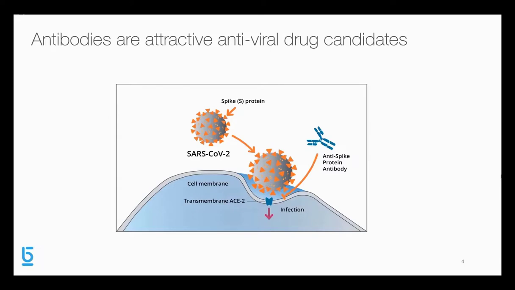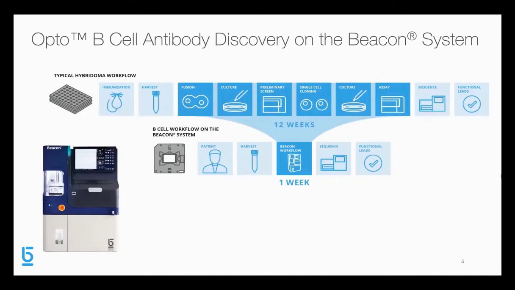As a result, the rapid discovery of antibodies against viruses is a promising strategy for combating viruses. For the SARS-CoV-2 virus, antibodies targeting the spike protein may prevent binding of the virus to the human ACE2 receptor, thus preventing infection.